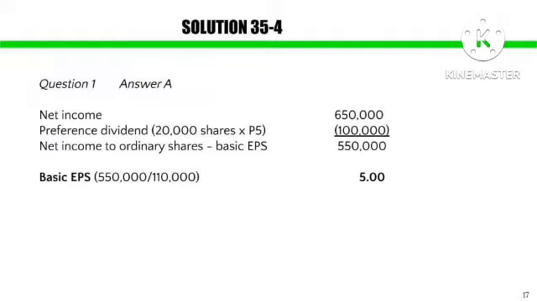For our solution to question number 1, it is easy, we just find the basic earnings per share. We already know that net income less preference dividend is our net income to ordinary shares of 550,000 divided by the number of shares actually outstanding. We will arrive at the basic EPS of 5.